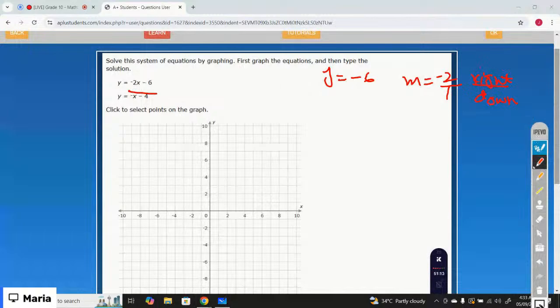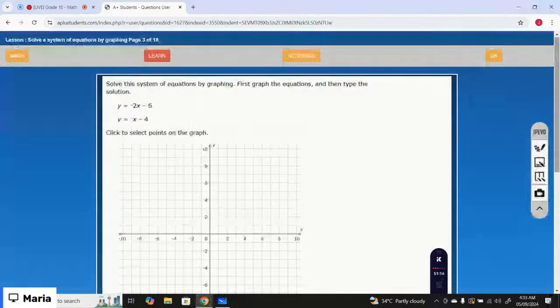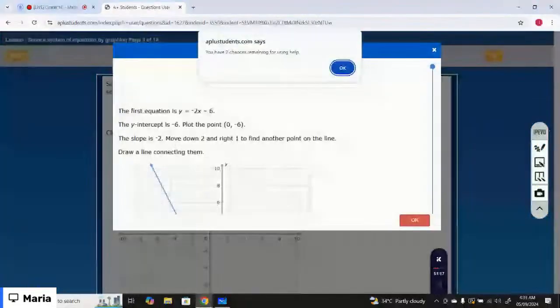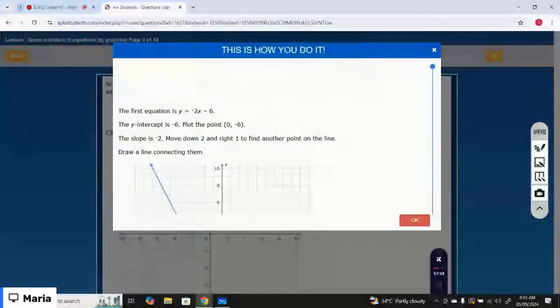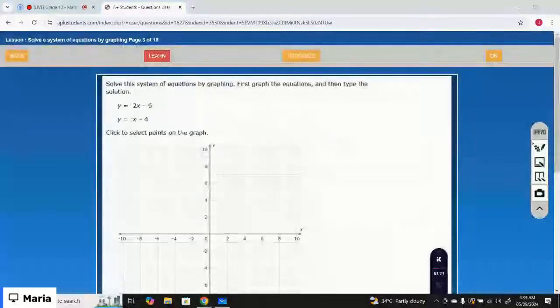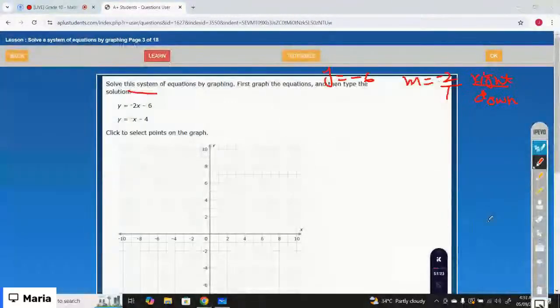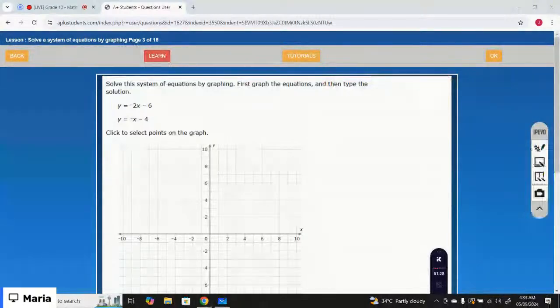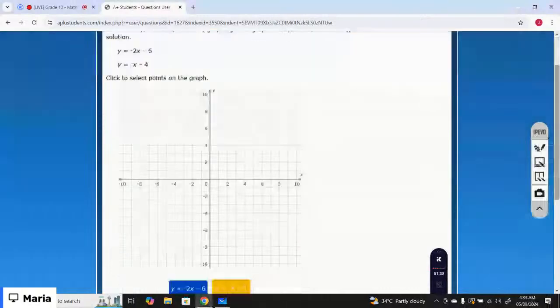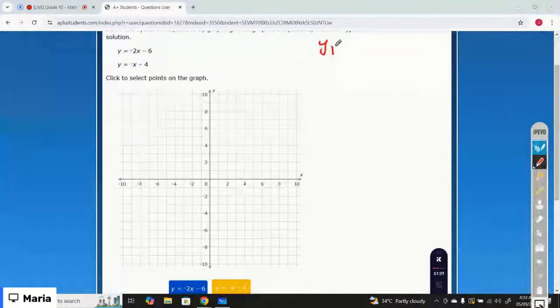Just 1 minute. I'm a bit confused. Down 2 and right 1. So for the first one, the y-intercept is negative 6, right?